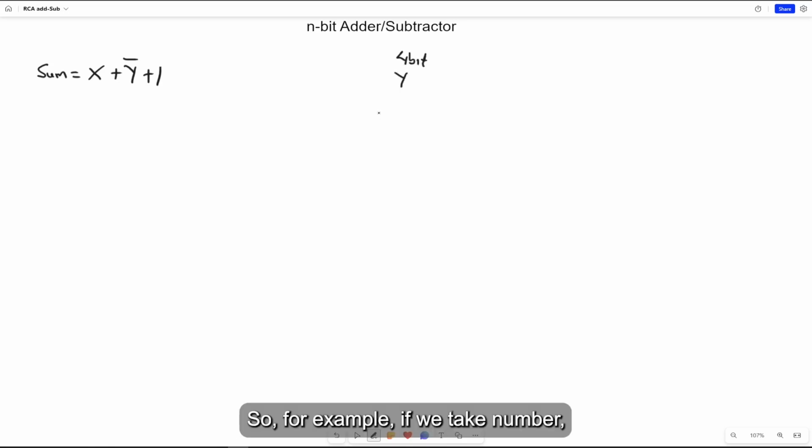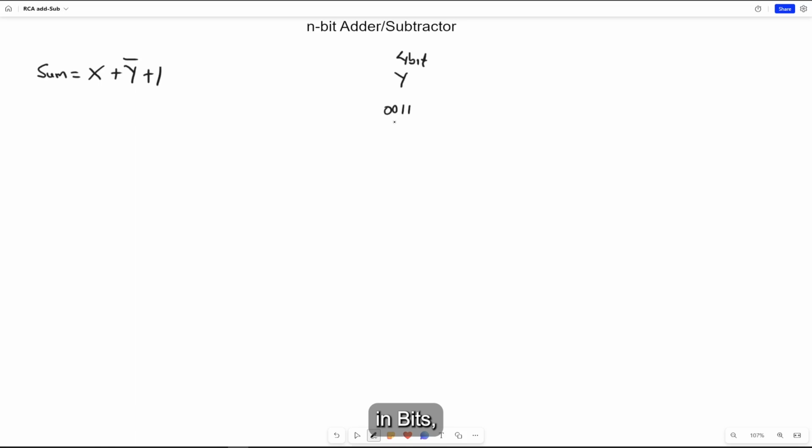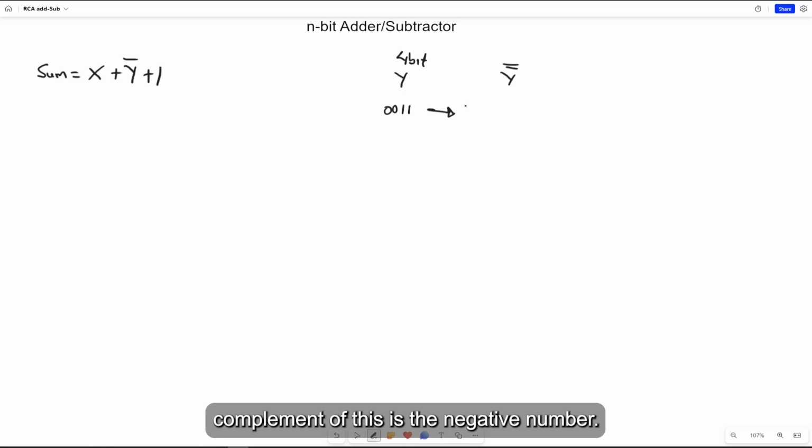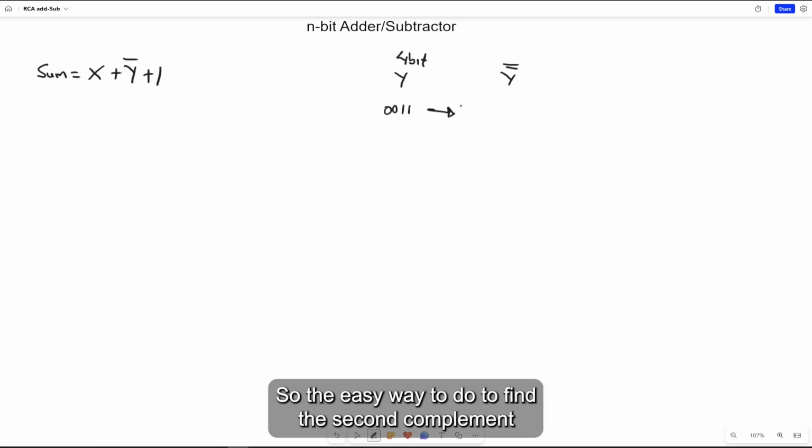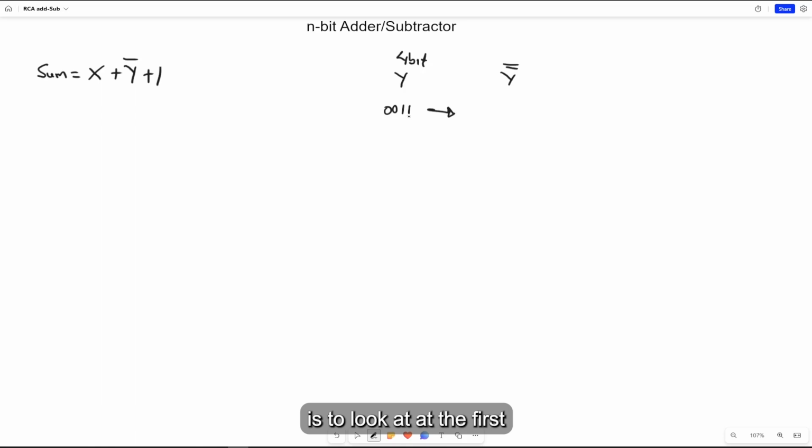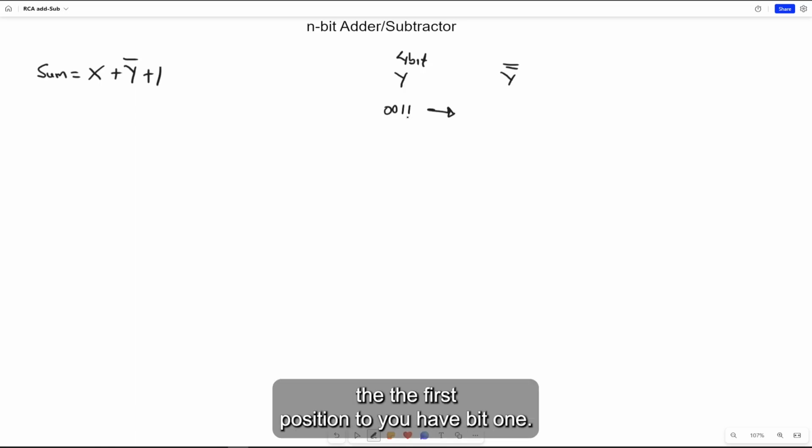For example, if we have number 3 in bits, the second complement of this is the negative number.